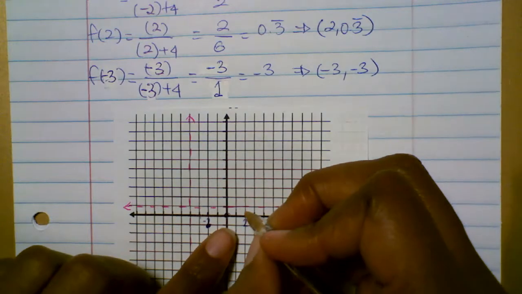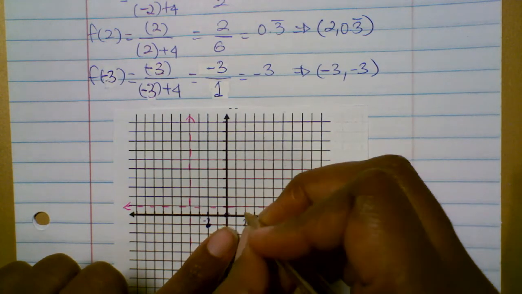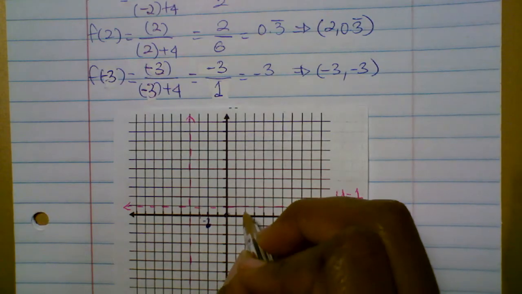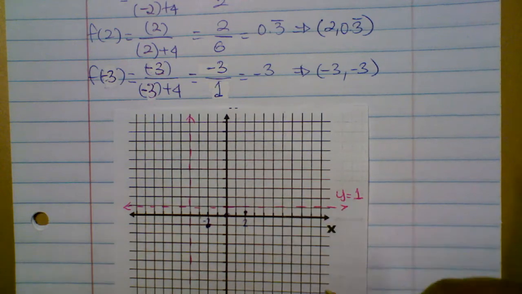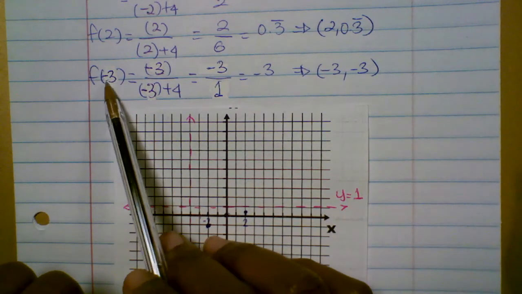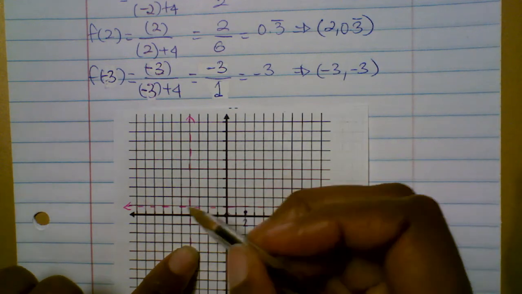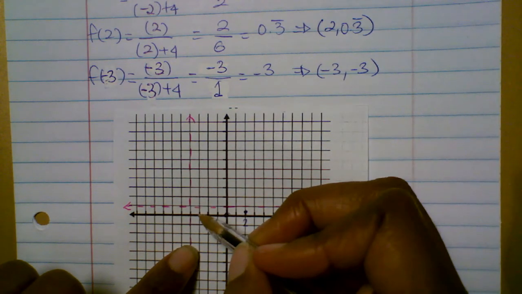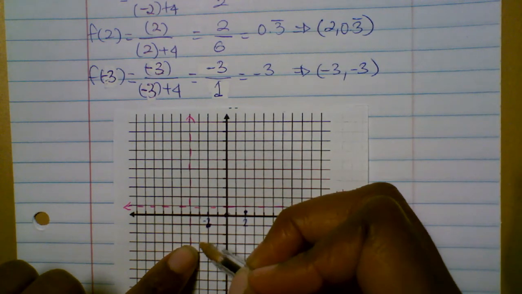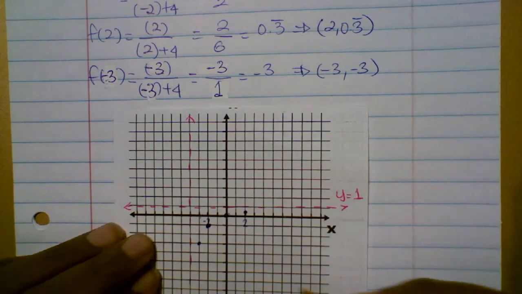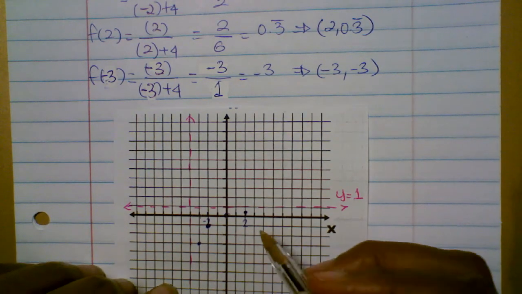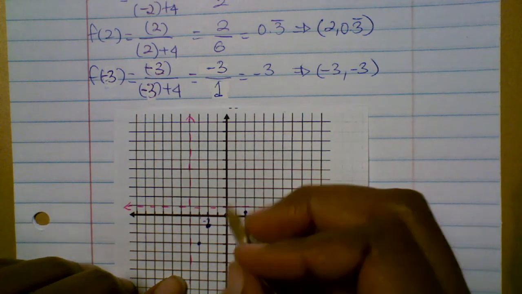So it's going to be just below 0.5, a tiny bit. I'm going to eyeball it right here. And I also evaluate f of -3. So when x is -3, the y value is also -3. So -3 is right here, again -1, 2, 3.